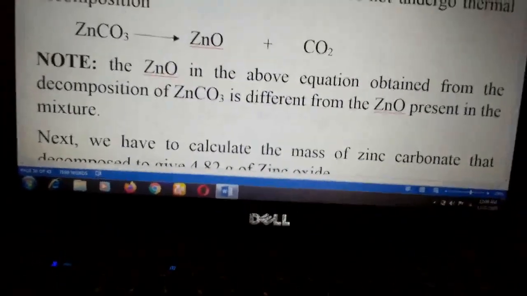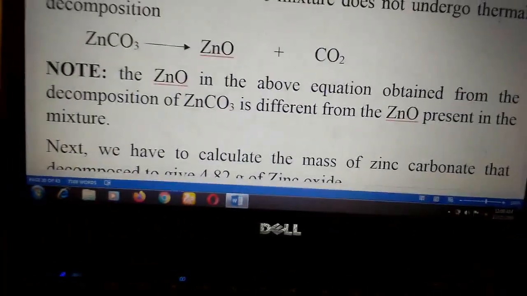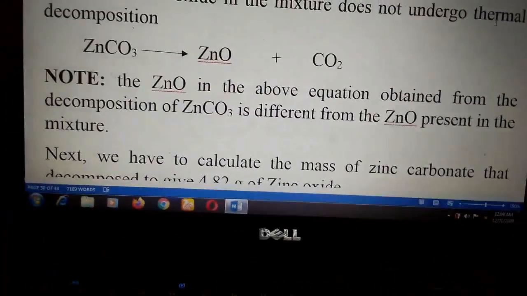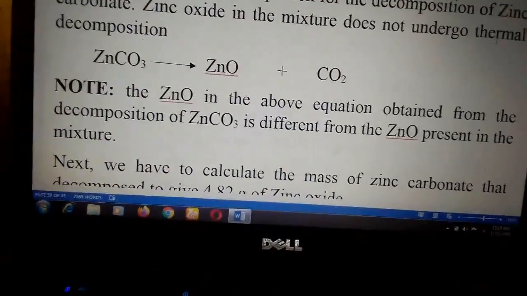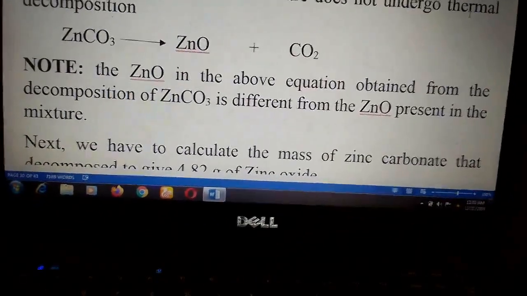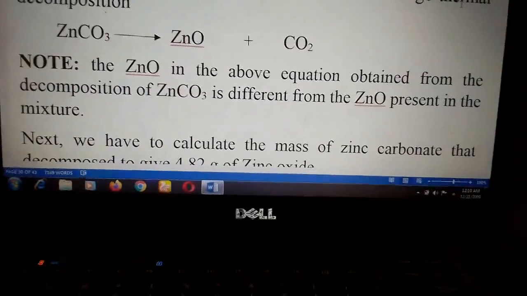We note the zinc oxide in the above equation obtained from the decomposition of zinc carbonate is different from the zinc oxide present in the mixture. As I said, the zinc oxide in this equation, the 4.82 grams obtained, is different from the zinc oxide that is already present in the mixture because that one didn't undergo any reaction or any decomposition.